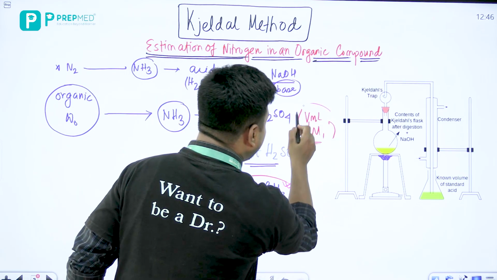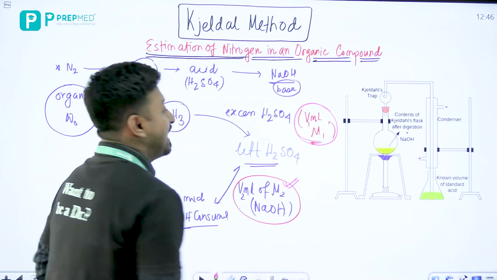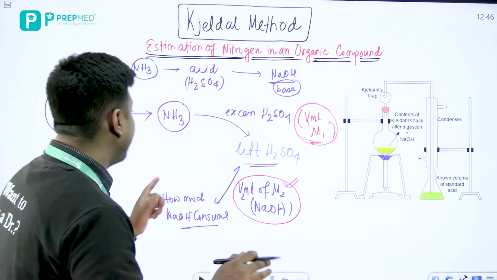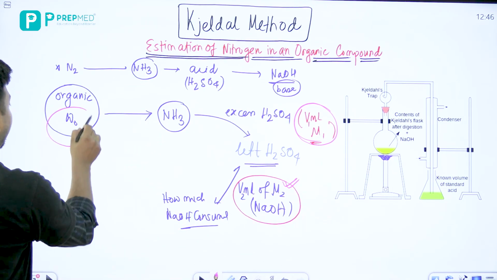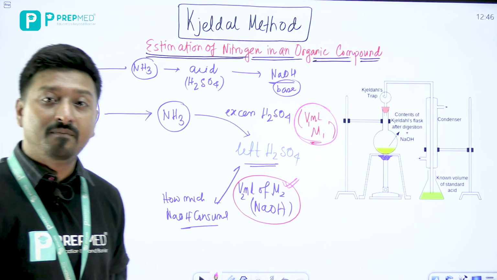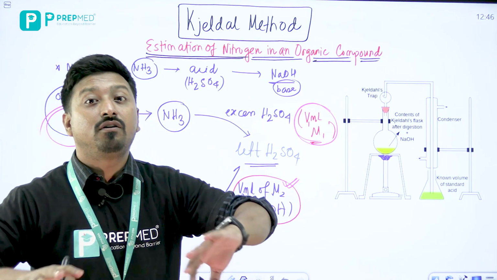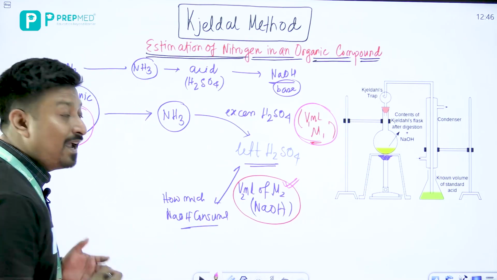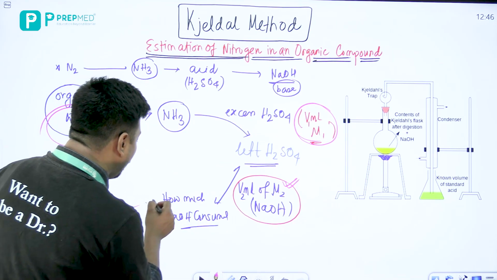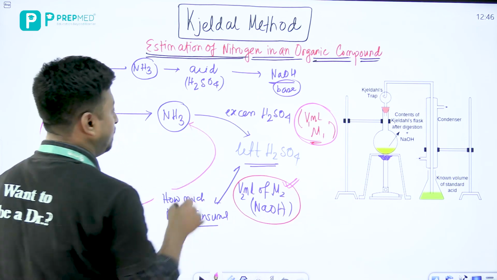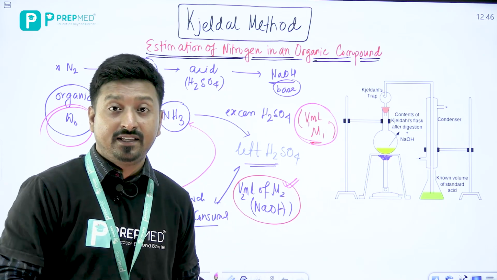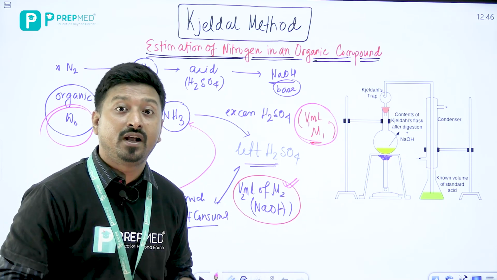They will also give you how much acid is used to neutralize the ammonia, and how much of the organic sample we have taken. Whenever you approach a problem on the Kjeldahl method, my advice is that you should go from the backward direction. Let me explain that with a problem, and I will show you how it is done.